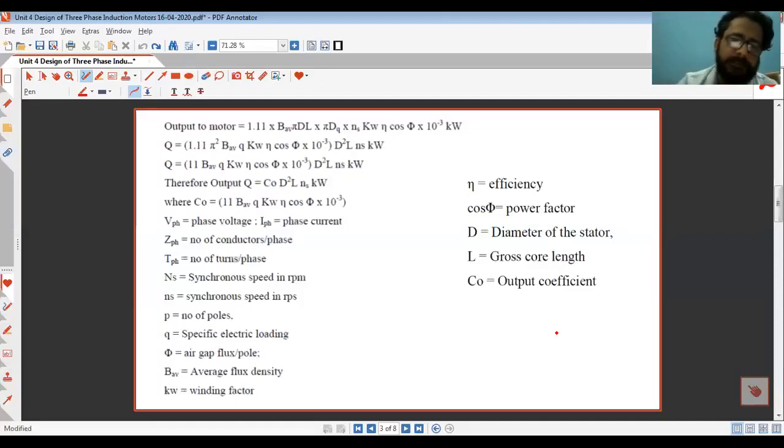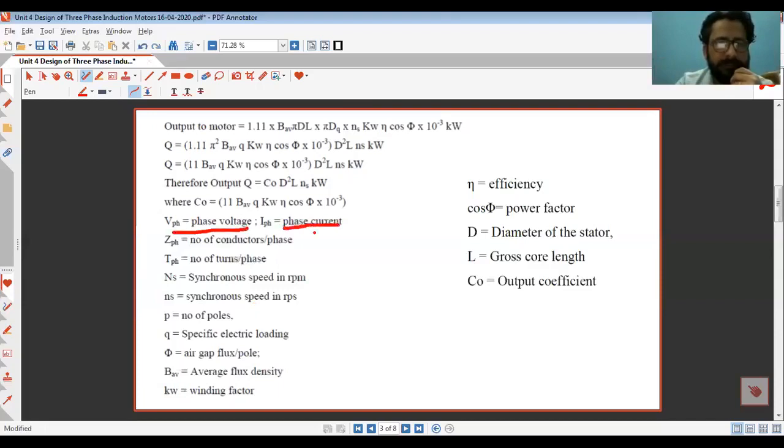Nowadays three-phase induction motors are compact, with good output power and good efficiency, so it is possible. That all depends upon the designer. For the designer, the problem statement is how to get an optimal design within limited resources or within a constrained environment.